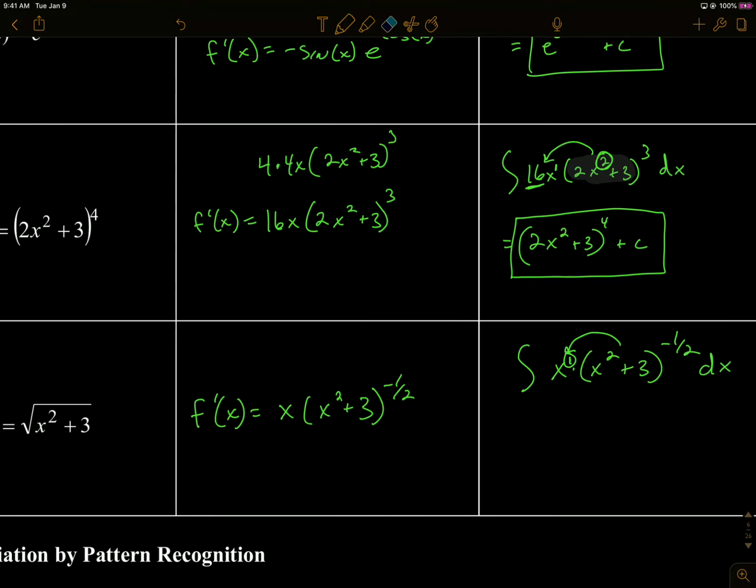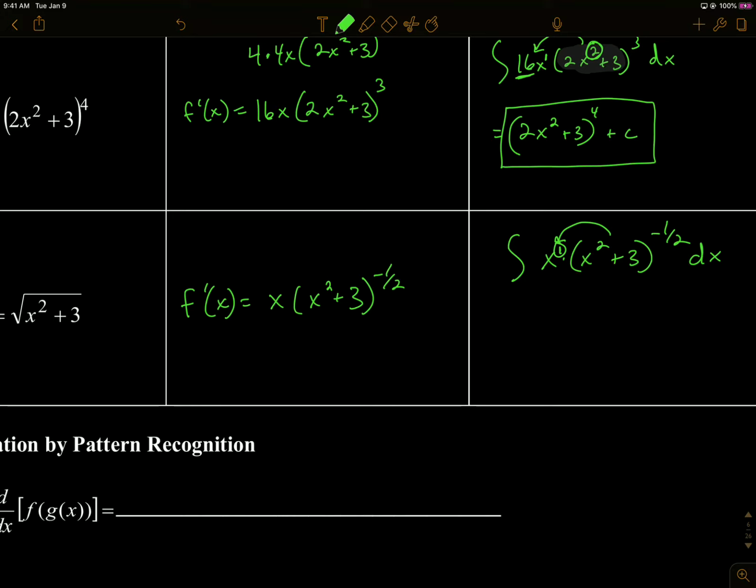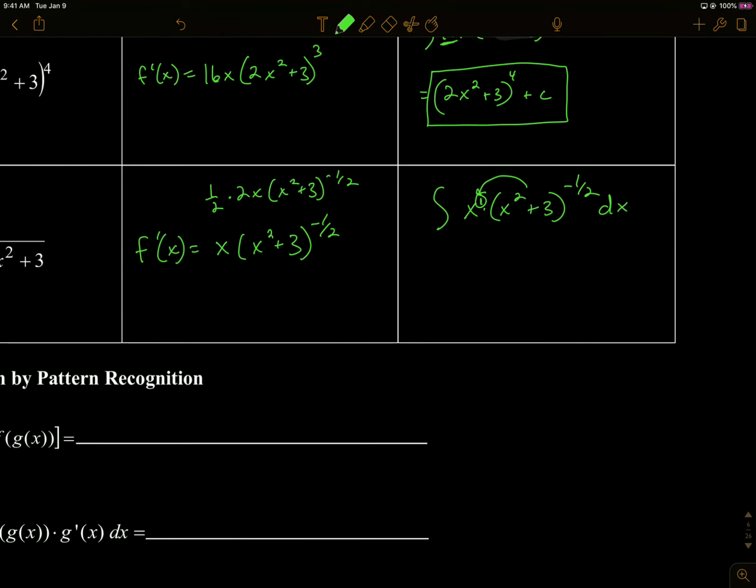This is going to come back a little later, and I'll show you where. And then here, before we simplified it to the 1, it was 1/2 times 2x times x squared plus 3 to the negative 1/2. All right, so this integral will just get us back to our original, which was the square root of x squared plus 3 plus c.